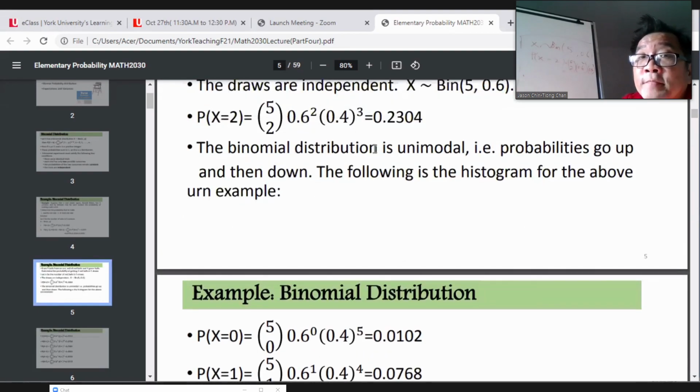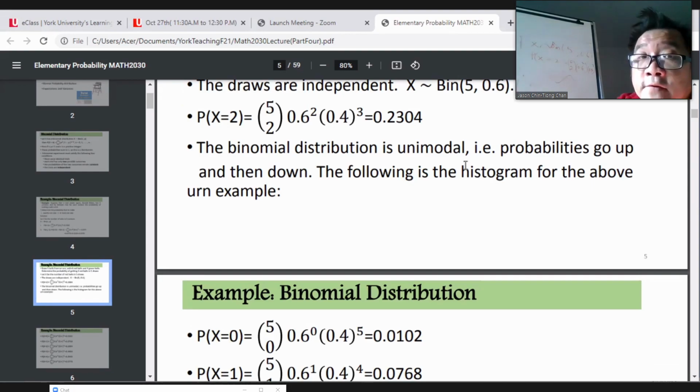So binomial distribution is unimodal. That means it only has one mode value, the highest peak, only 1. That means it goes up and then goes down. It can be like this, but it won't go up, go down and go up again. So that means they only got one highest peak.